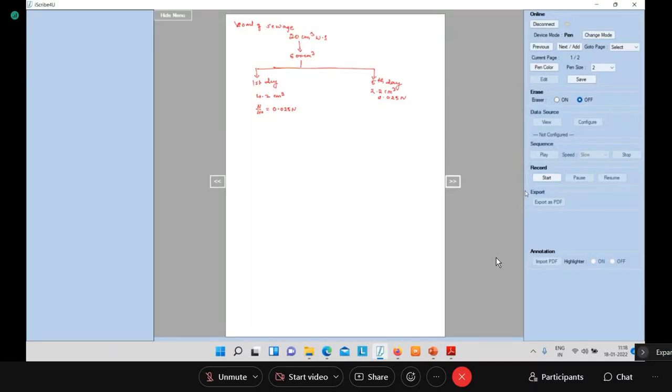Three things they have given: how much sodium thiosulfate is consumed on the first day, how much on the fifth day, and the dilution factor you can calculate from the initial volume and final volume. In both cases, they have taken 200 cm cube for titration.